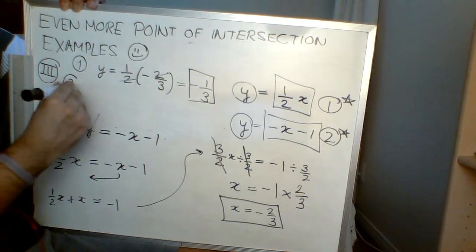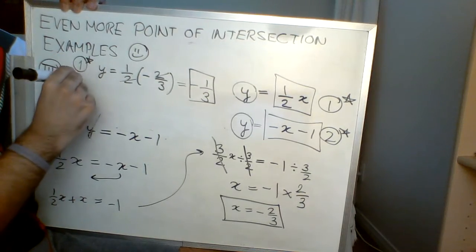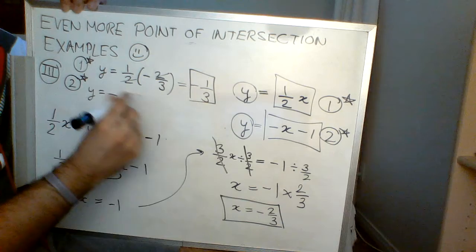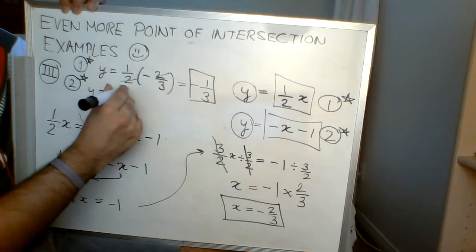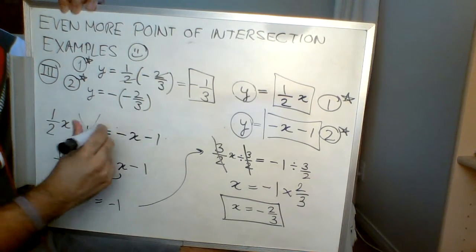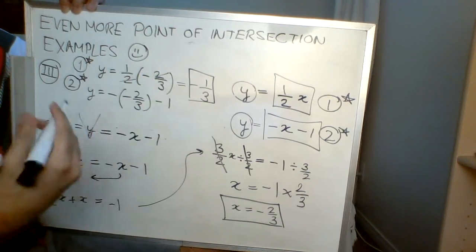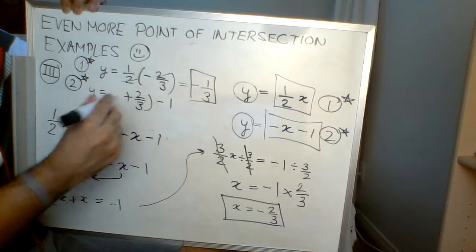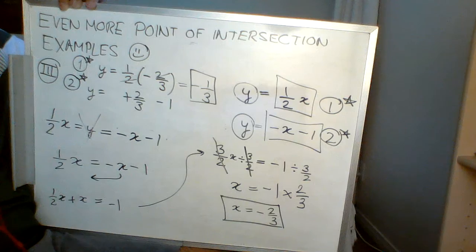And if you plug it into the new equation 2, then you'll get that y is equal to -2/3, like that, minus 1. Now, -2/3 is the same thing as +2/3, so we've got +2/3, and then we're subtracting 1 from that.